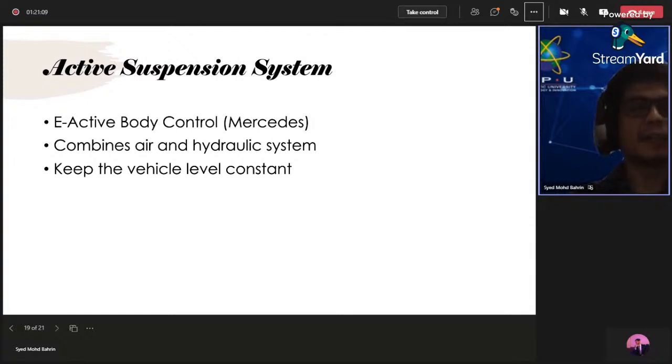For example, the length of the arm, the angle of the upper arm as compared to the lower arm, and the size of the ball joint that we can apply. So these changes in the design would give us differences in the performance of the suspension.